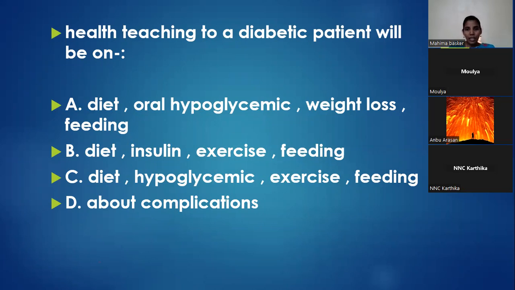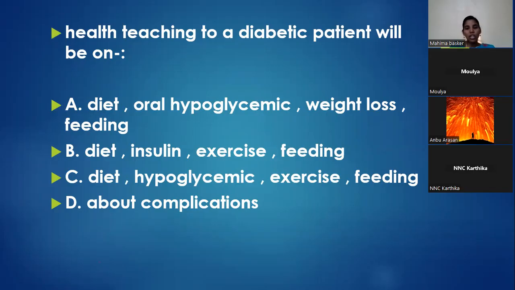I have told you already that all 4 options will be correct. You have to select which one is appropriate, which one is best, which one is the priority. Here all the options are correct for a diabetic patient, but they are just giving a diabetic patient without anything else in the question, so you have to take the answer from the question.